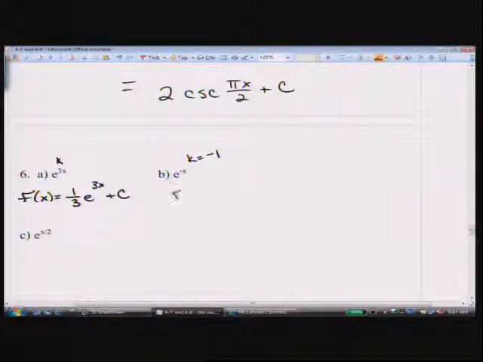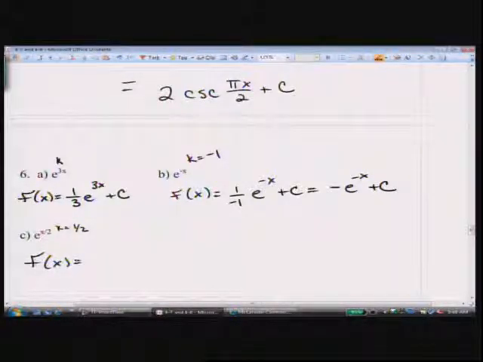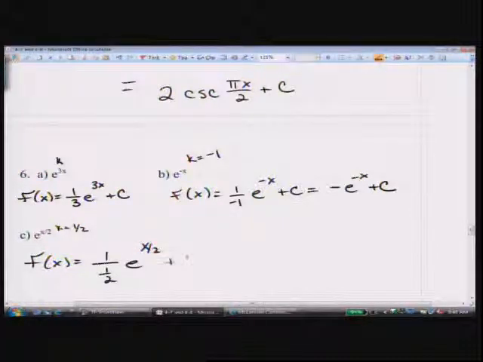So this is going to be 1 over negative 1 e to the negative x plus c, or just negative e to the negative x plus c. Here your k is 1/2. So F of x will be 1 over 1/2 e to the x over 2 plus c. And you can flip that. It's going to be 2e to the x over 2 plus c.